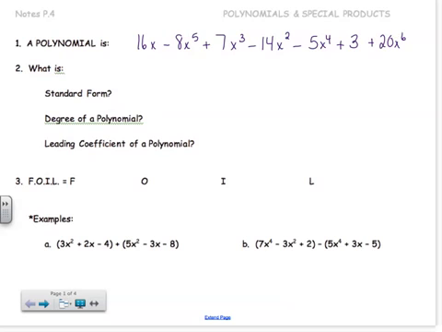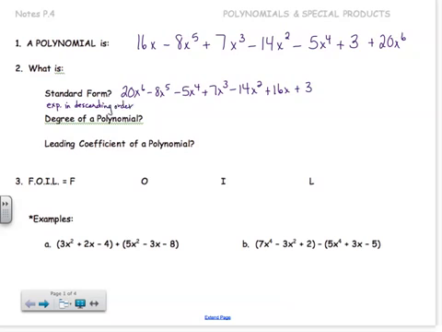So I'm going to rewrite my polynomial so it's in standard form. 20x to the sixth minus 8x to the fifth minus 5x to the fourth plus 7x cubed minus 14x squared plus 16x plus 3. So you must have exponents in descending order.